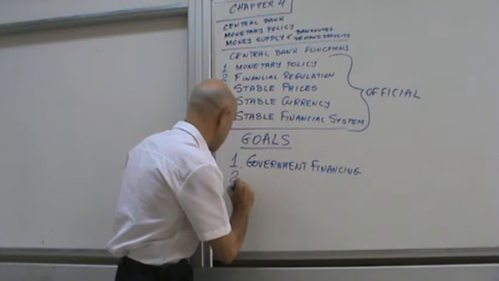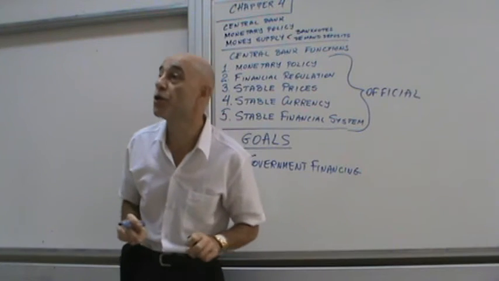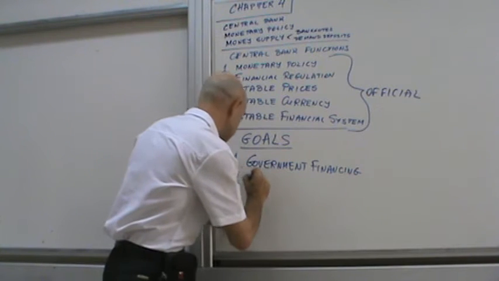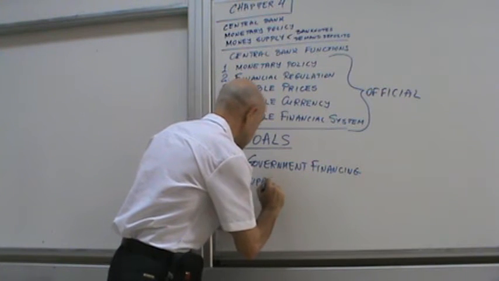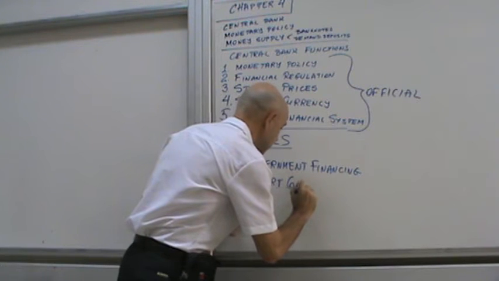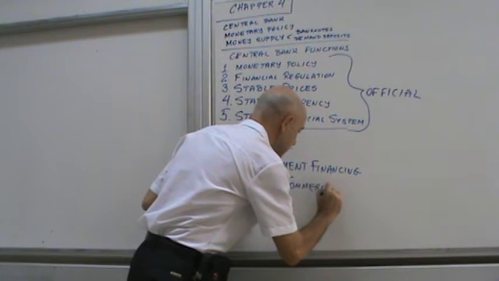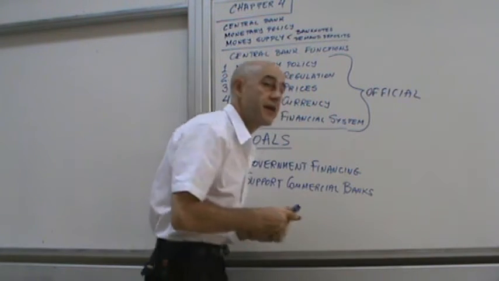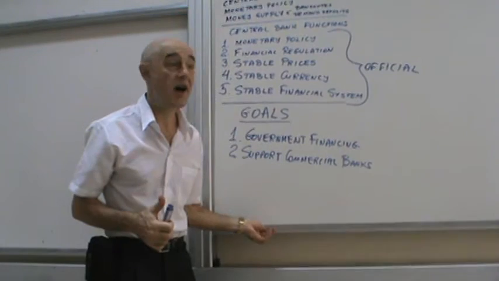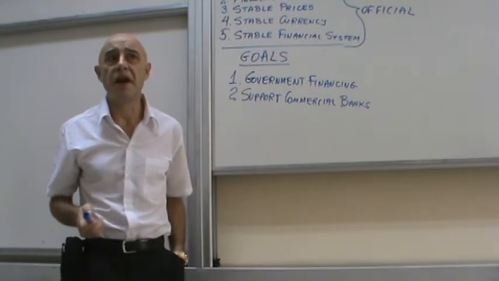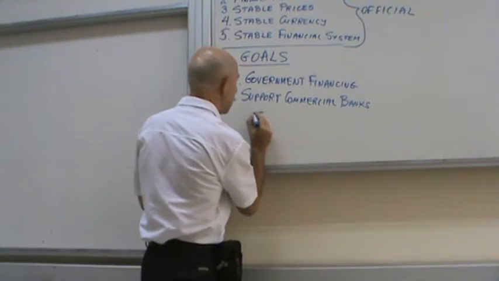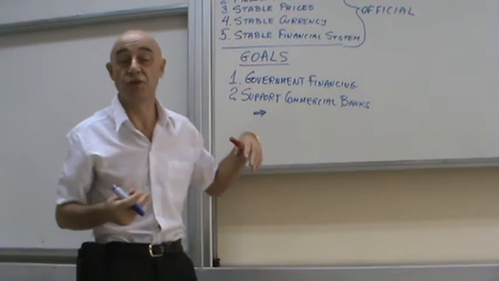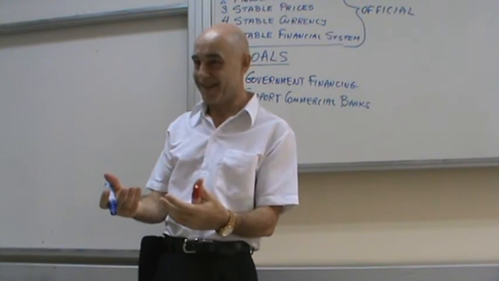And number two is to support commercial banks. It supports them in many different ways. Number one, the best way to support the bank is to give it free money.